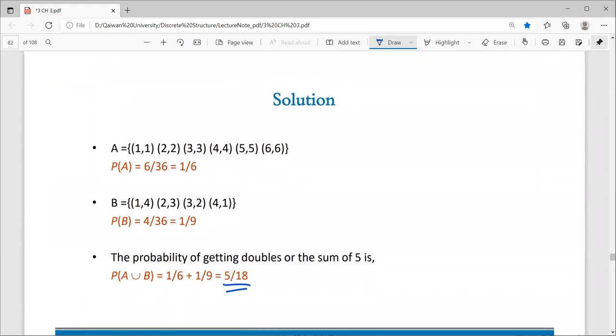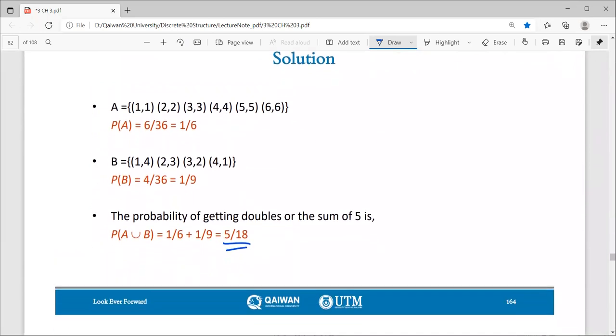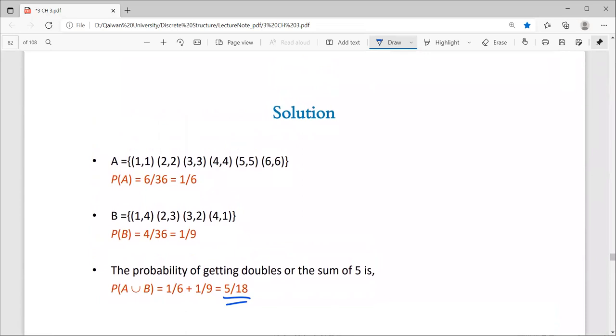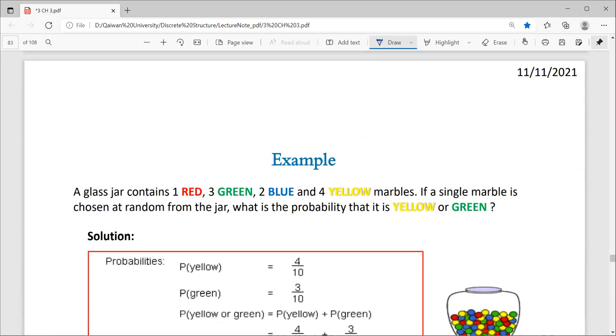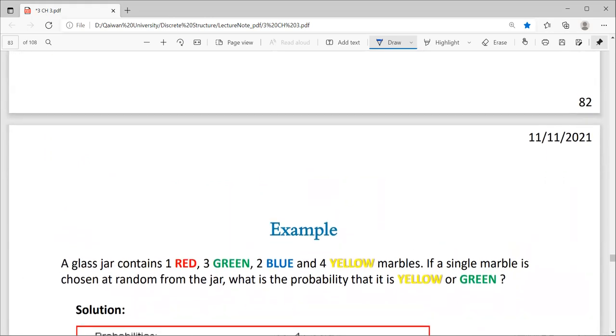Is that easy? Could you do this by yourself? Here you have a glass. Let me explain it for you first.